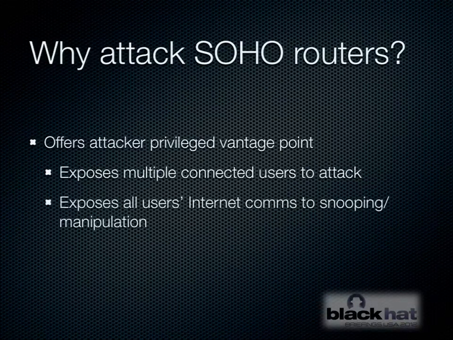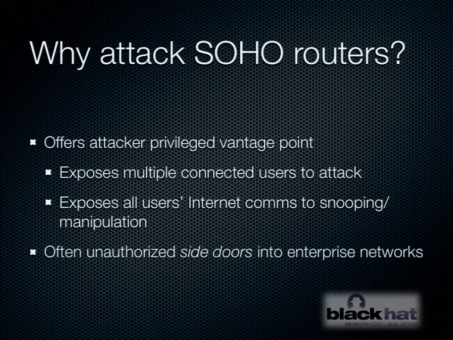Also, it exposes all of those users' internet-based communications to interception and manipulation. In addition to that, it's certainly not unheard of for people to bring these devices into work for a variety of reasons, sometimes legitimate, sometimes not so much. So a successful compromise of a Soho router on a corporate network can sometimes serve as a side door into an otherwise well-defended network.